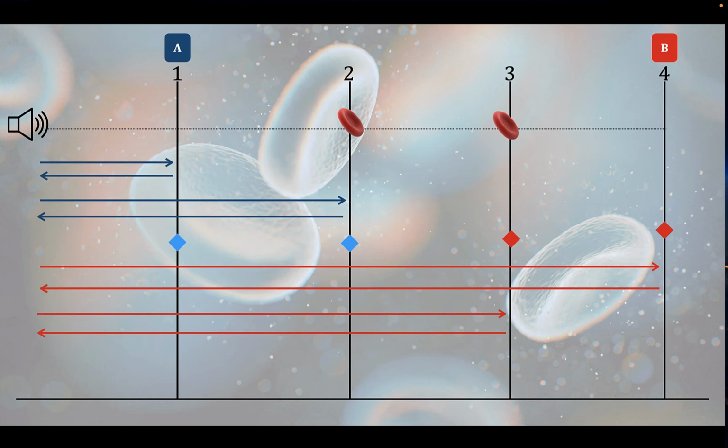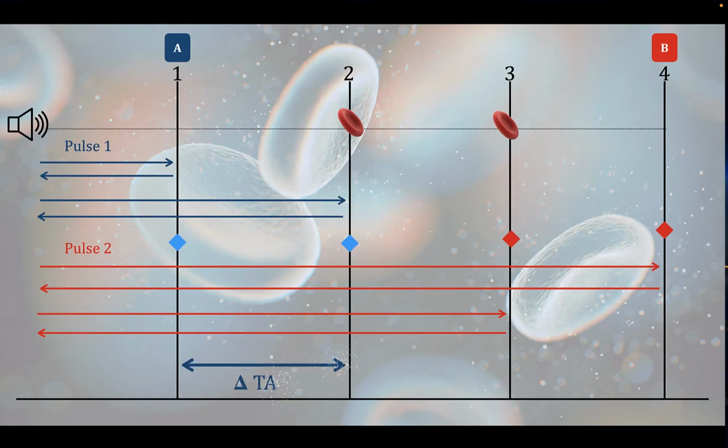Let's call the first one pulse 1, that's a pulse pair of pulse 1, and the second one pulse 2, this is the second pulse pair. Now the comparison of the go-return time for RBC A from position 1 to 2 is longer, and the go-return time for RBC B from position 4 to position 3 is shorter.